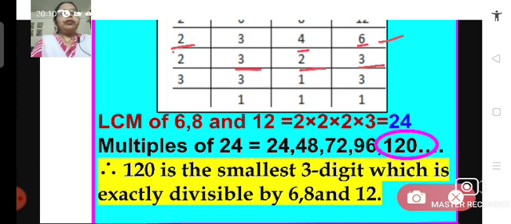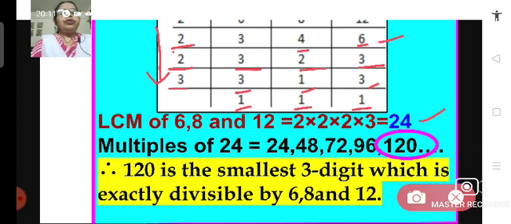Still we have a multiple of 2 here, so again we take 2 and divide 2 with itself, and in the next row we get 3, 1 and 3. Then we move on to the next prime number, that is 3, and we get 1 in the last row. So, what will be the LCM of 6, 8 and 12? It will be 2 into 2 into 2 into 3, that is 24.